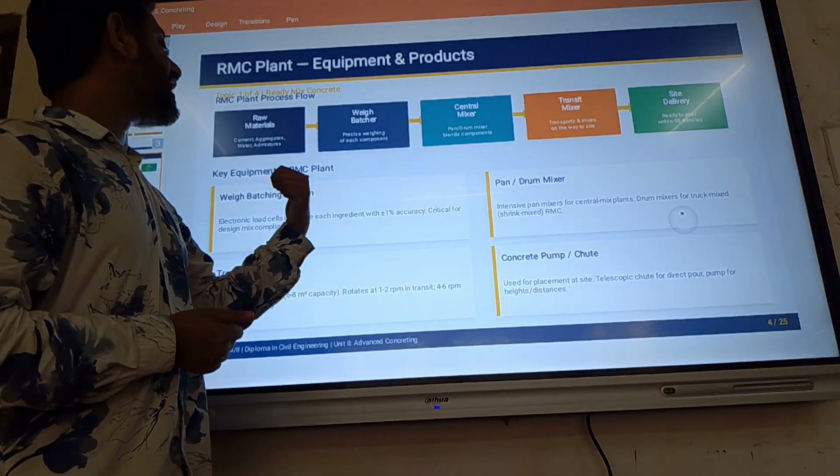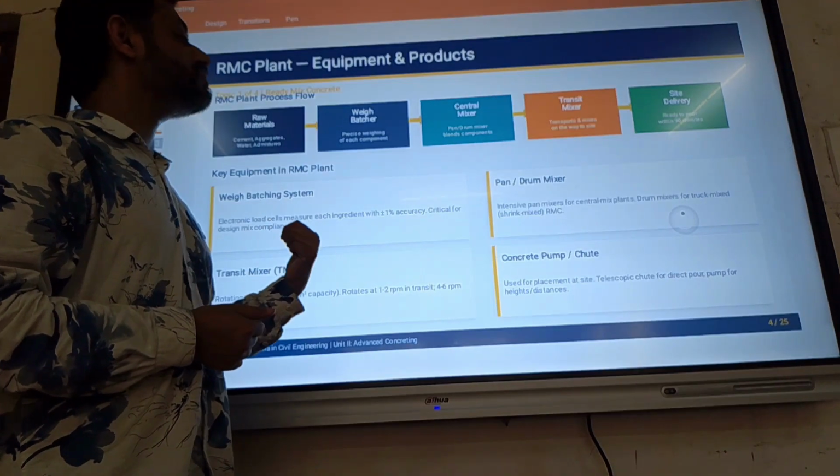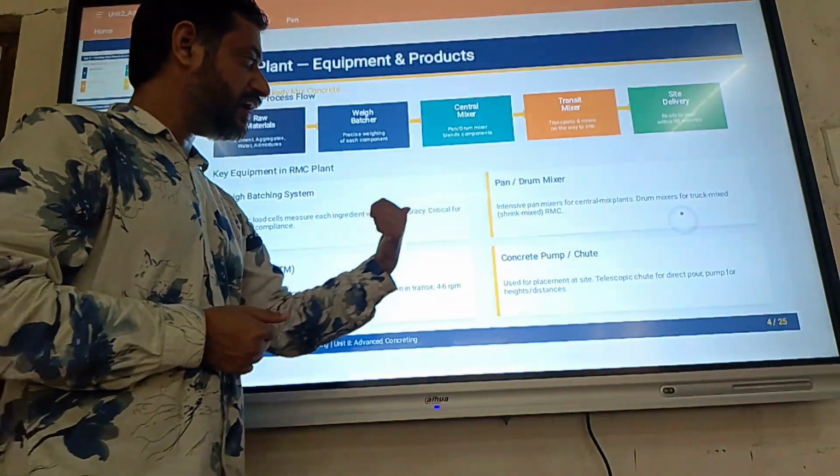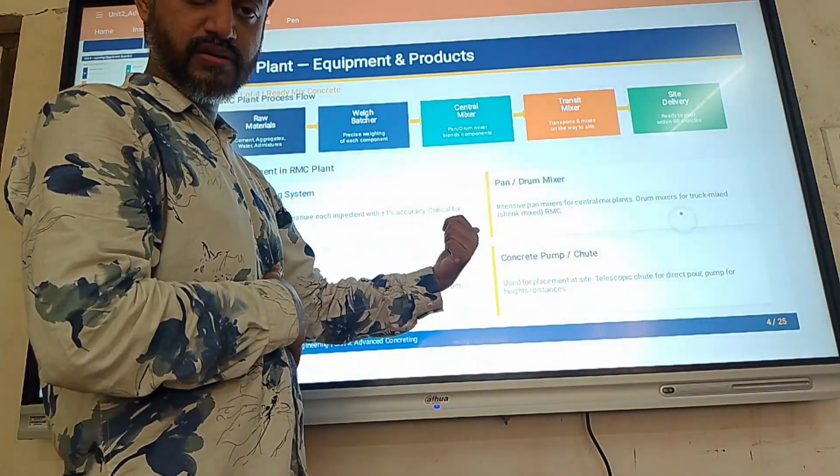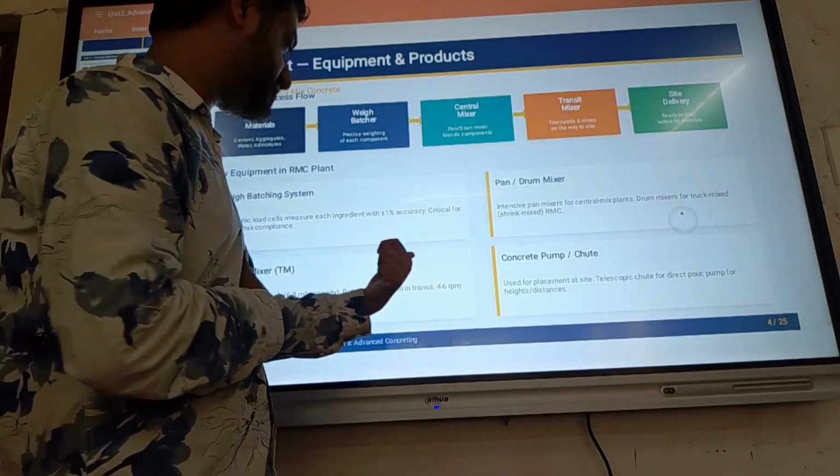কি ইকুইপমেন্টস ইন আরএমসি প্লান্ট? Wave batching system, as already I said, pan drum mixer where the mixing is being done in the manufacturing process of concrete.